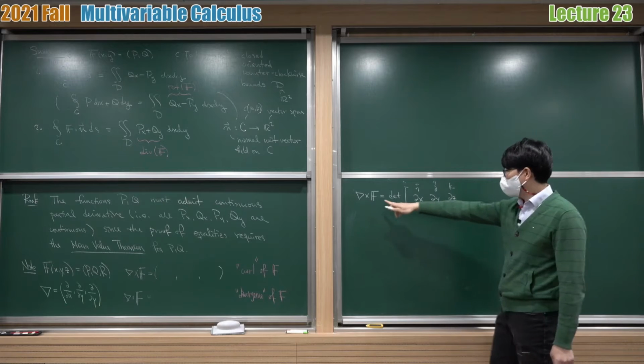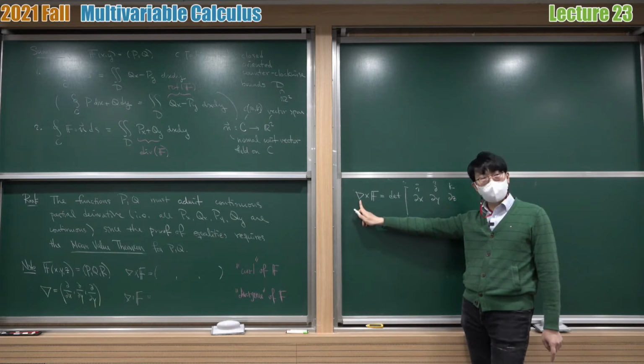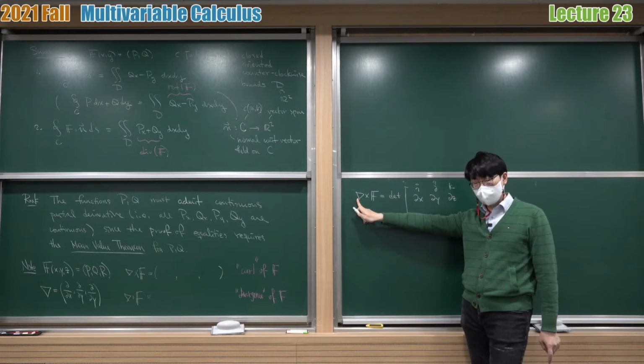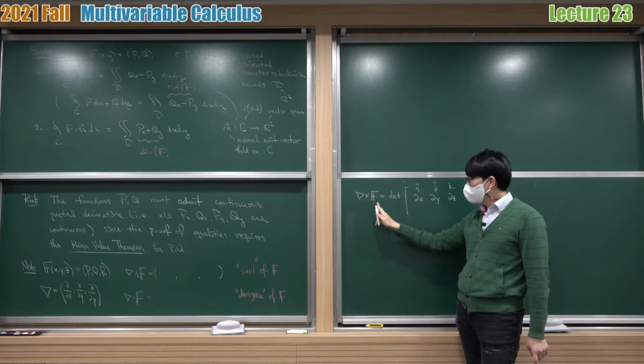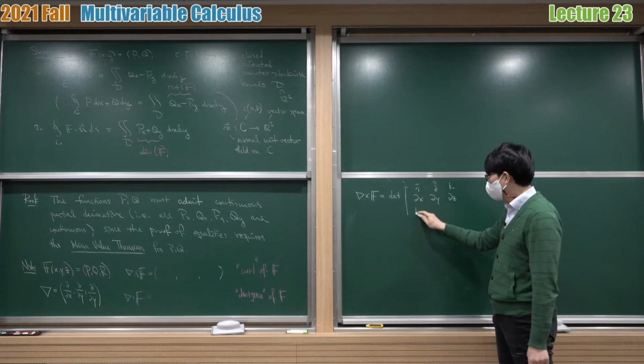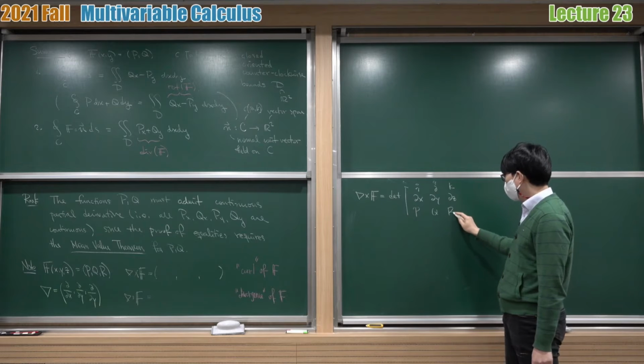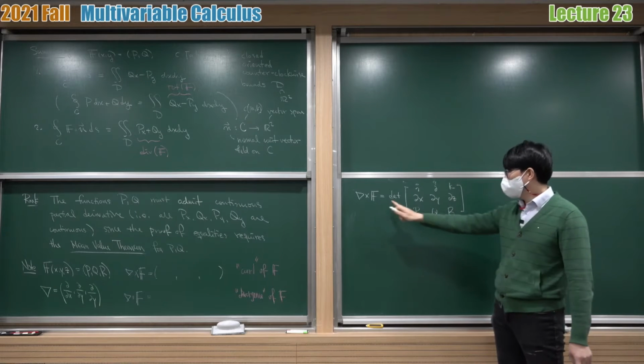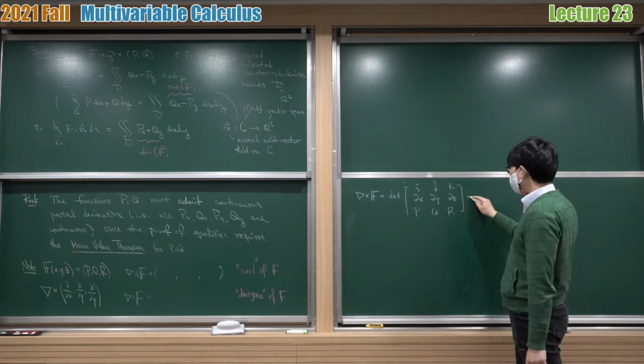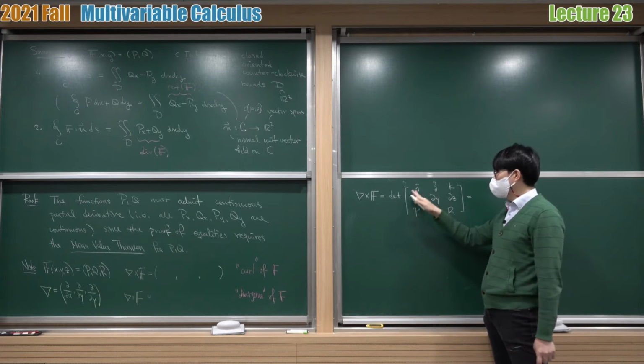That's the components for the curl, the nabla here. And we take P, Q, R, which are the components of F. And think about what we get after we take the determinant here.